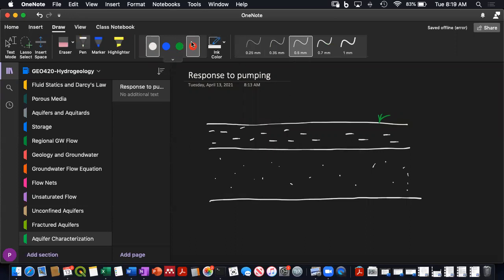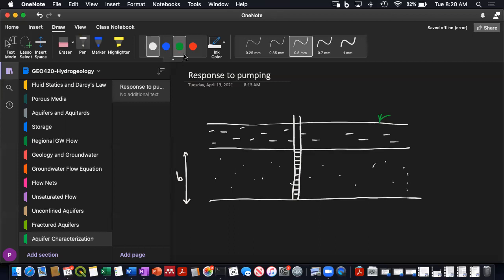And I'm going to say that I've drilled a well down into the aquifer. And I've got this well screened over the entire thickness of the aquifer. So this is thickness B of my aquifer, and the well screen covers the whole thickness.